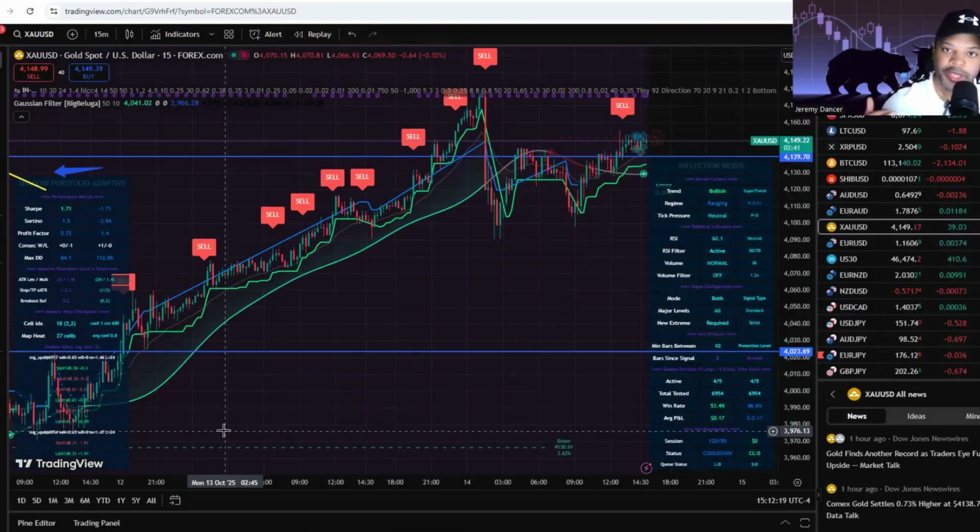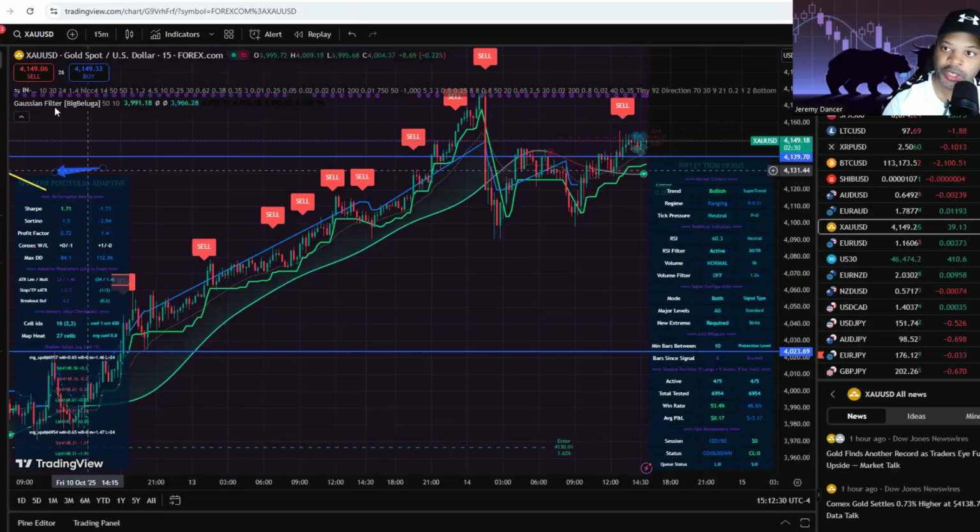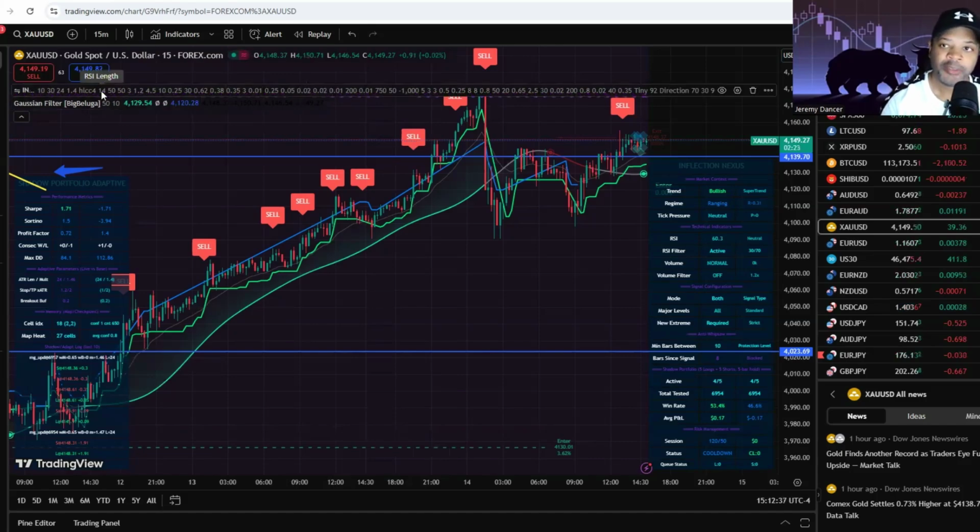Okay, so now we're inside my TradingView, where I currently have Inflection Nexus loaded, and I also have the Gaussian filter loaded as well. Big Beluga and D-Sky Investments are two of my favorite developers, because these guys are super amazing.